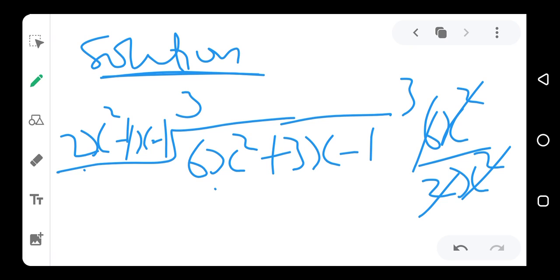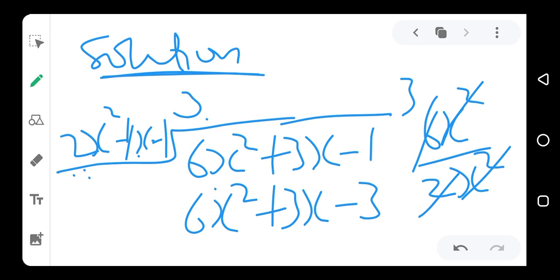So we have 3. Now we have 3 times the divisor. 3 times 2x raised to power 2, we get 6x raised to power 2. 3 times x, we get plus 3x, and 3 times minus 1, we get minus 3.